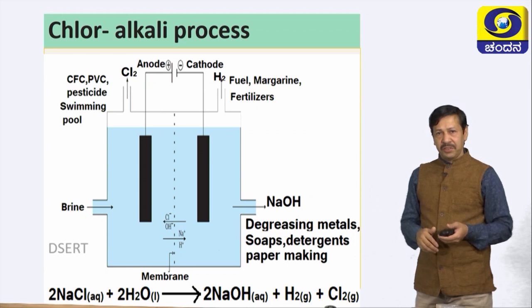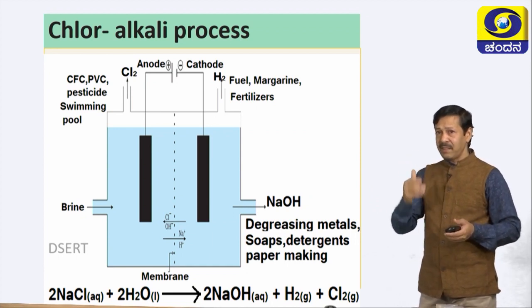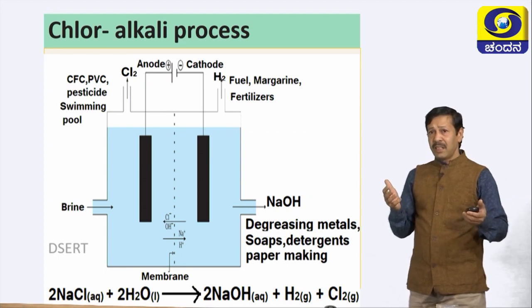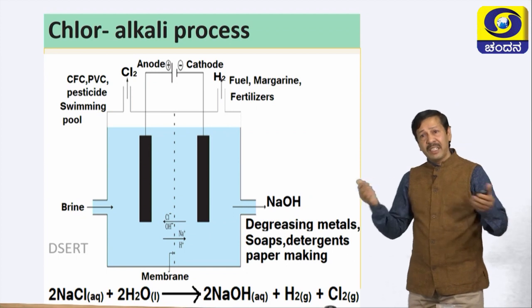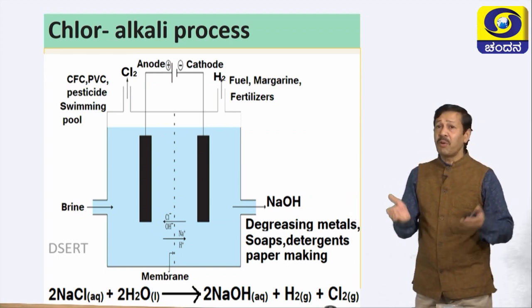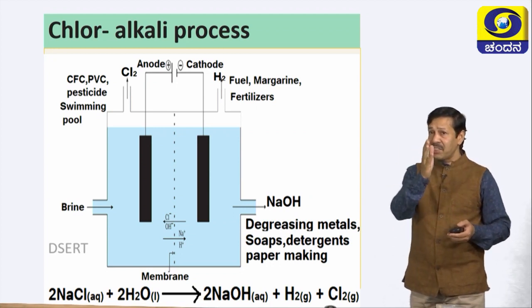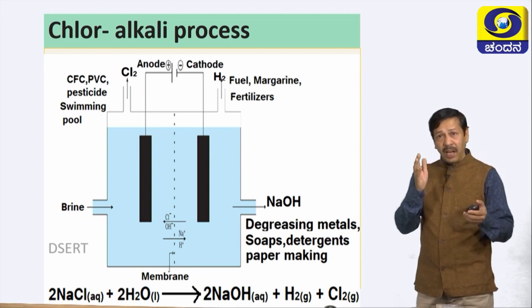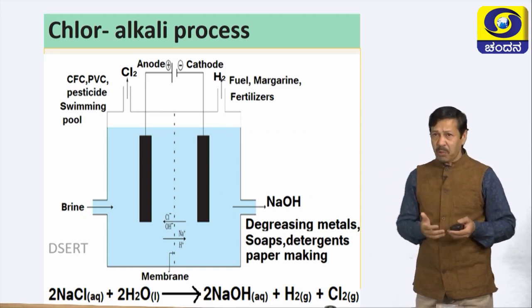Now, NaOH is also one of the important products, a major base, used in detergents, soaps, paper making, and also degreasing metals. These are the various areas where we are using sodium hydroxide. So, observe this diagram for the application level questions, as many questions are possible based on this.